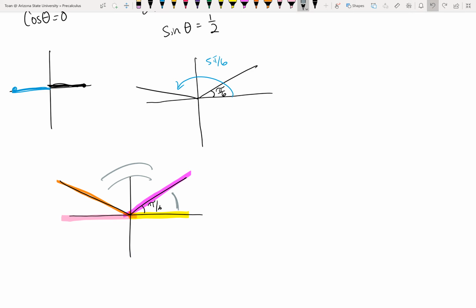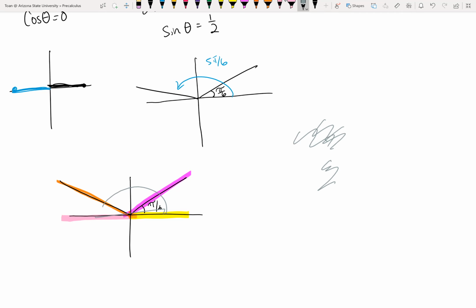But I hope everyone can see that the yellow and the pink answer are symmetrical, right? They separate this circle into two halves. So instead of having two separate statements for the yellow and the pink, I can just have one statement going from yellow to the pink. My thing froze on me. Okay.